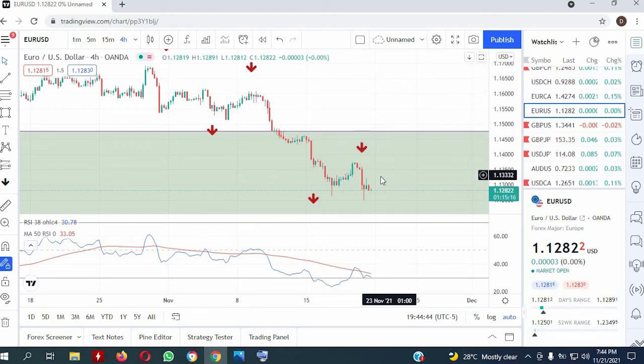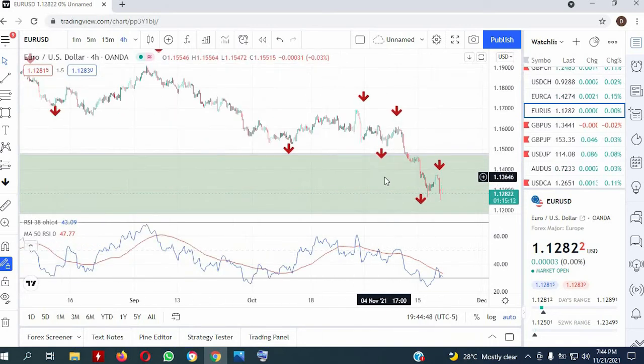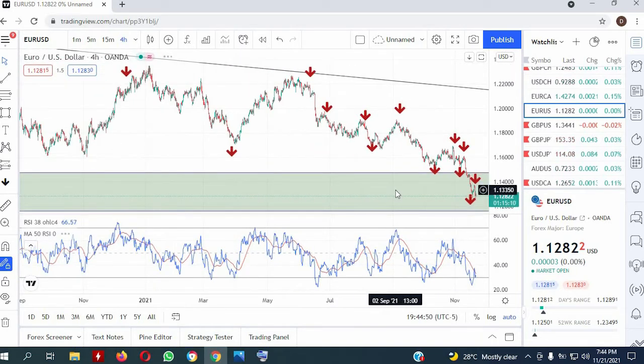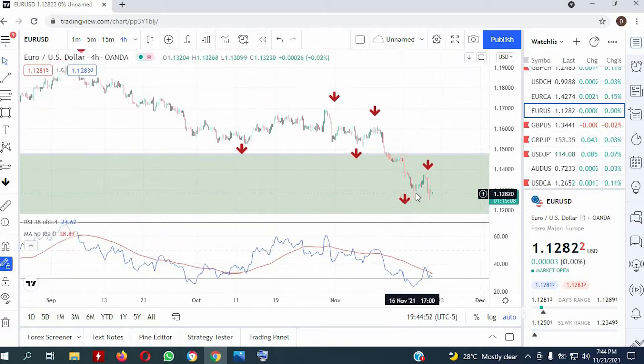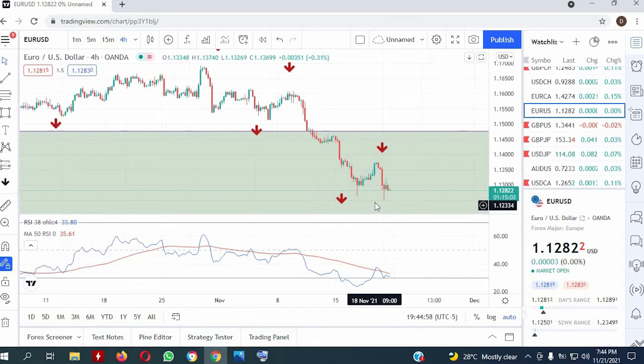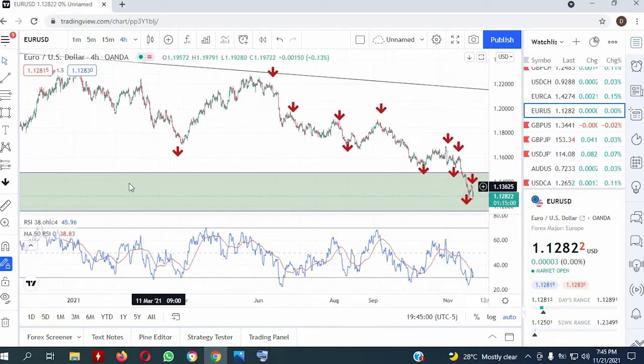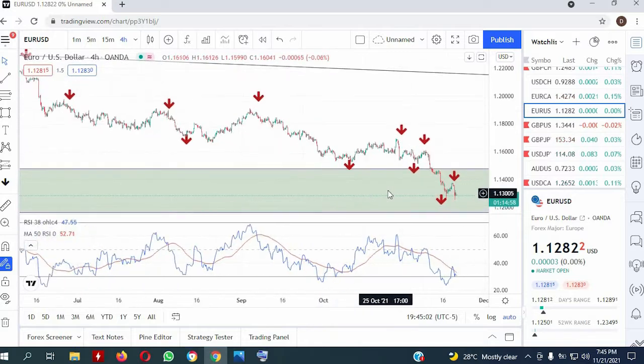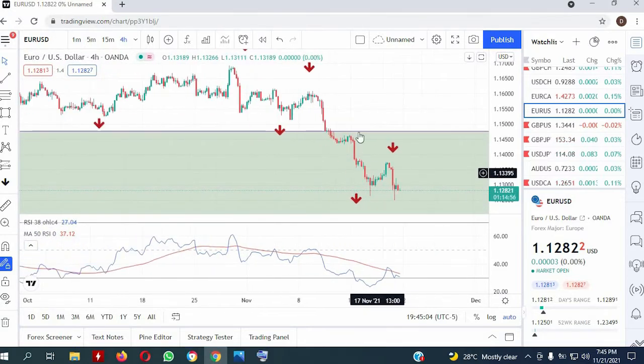So the EUR USD is expected to continue the bear trend and push further down. Now if this area supports itself, EUR USD will come back into this area for support.